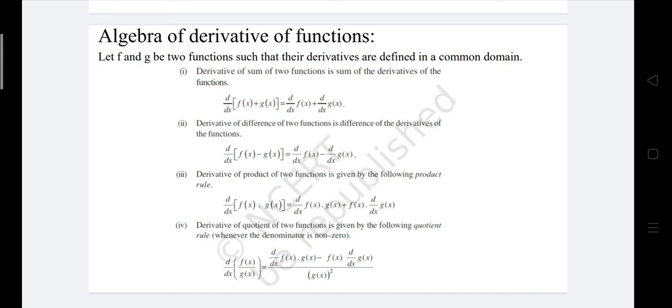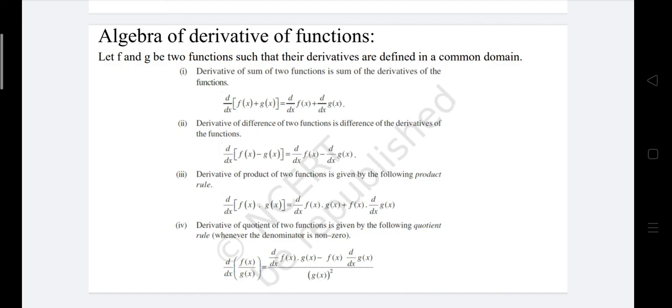You first hold one function f of x and take the derivative of the other. Then you add the sum, taking the other as a constant, and the derivative of the first function. So the formula is d by dx of f of x into g of x equals f of x into derivative of g of x, plus g of x into derivative of f of x.